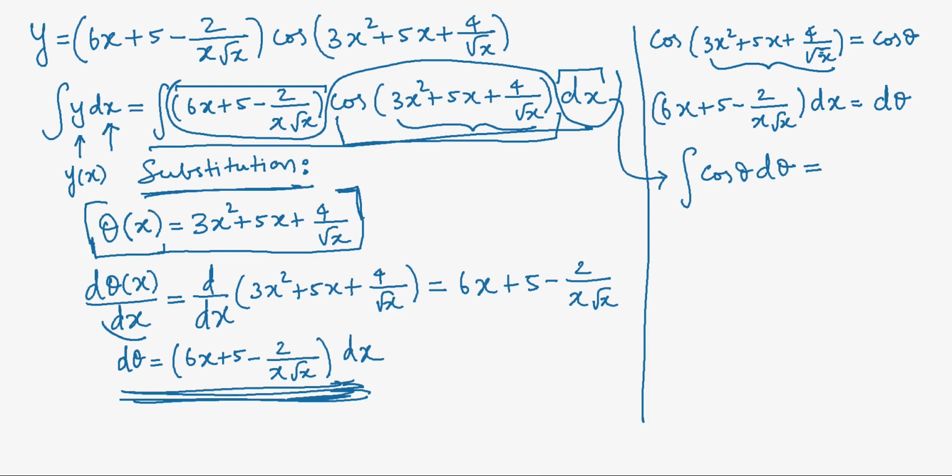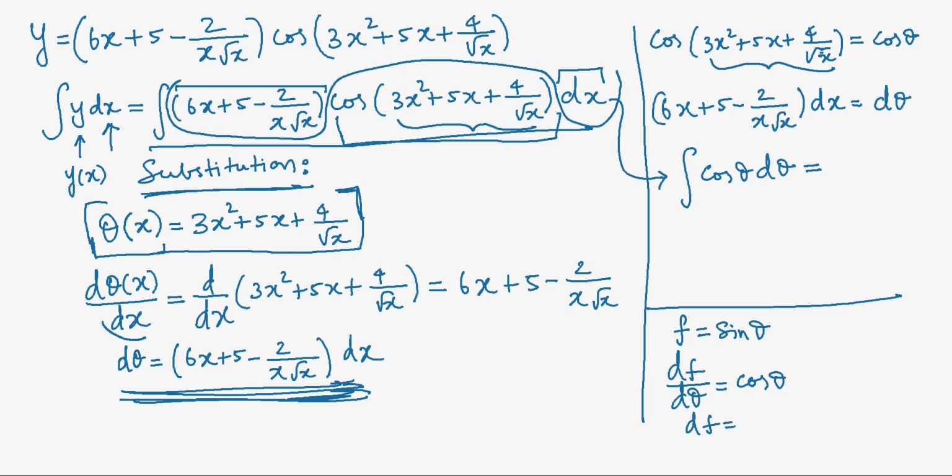Okay, so now we have to integrate the cosine theta. So we need to use our basic understanding of the trigonometry differentiation. Let's say there is a function called f, which is a function of theta, which looks like a sine theta. Then the df by d theta will be our cosine theta.